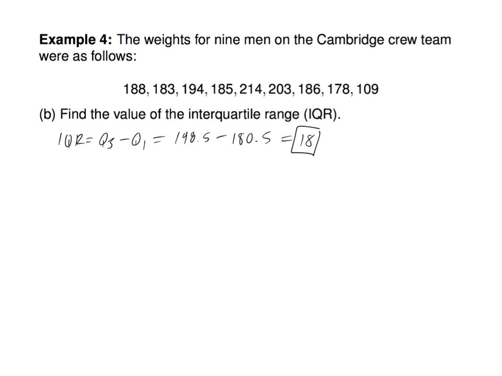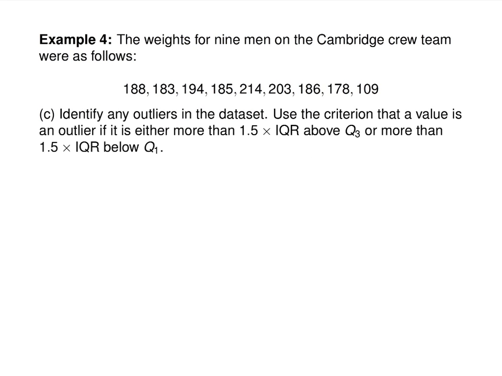So here's the part where we're going to find those outliers. You're an outlier if you are either more than 1.5 times IQR above Q3 or 1.5 IQR below Q1. So let's find 1.5 times IQR, okay? So that'd be 1.5 times 18, which is what? 27.